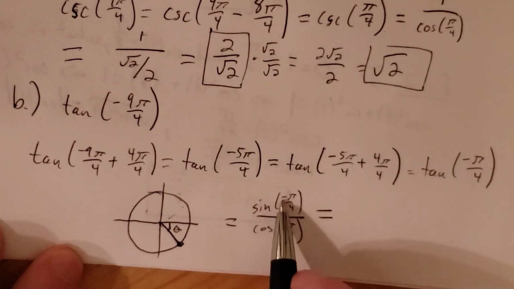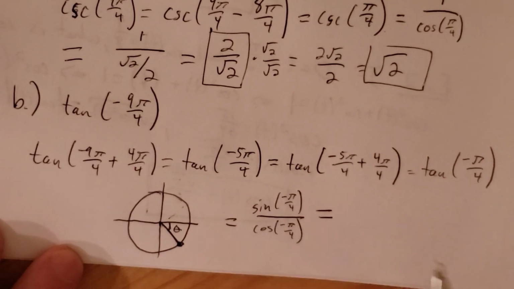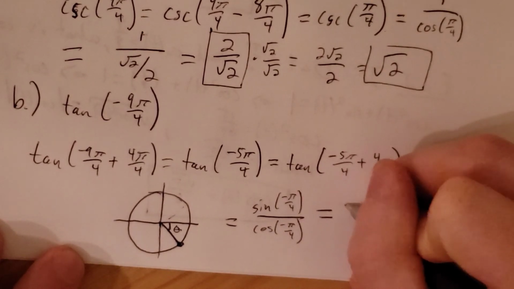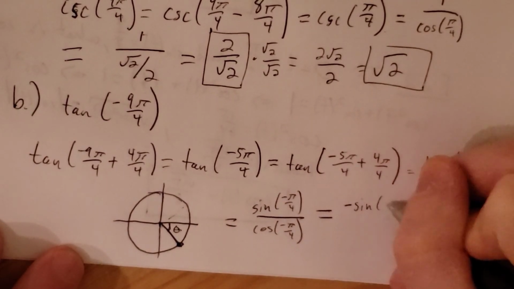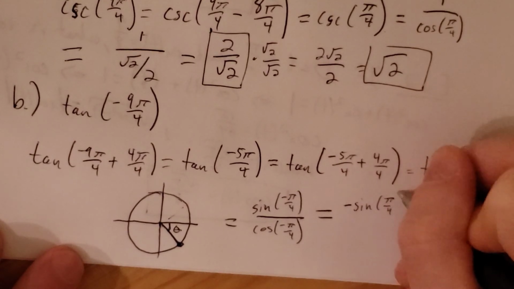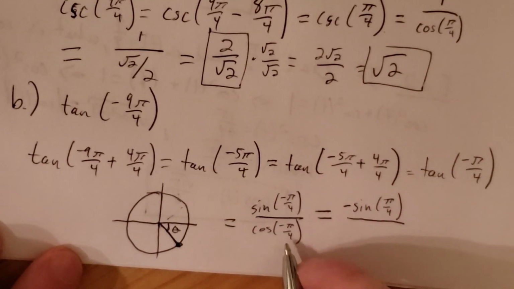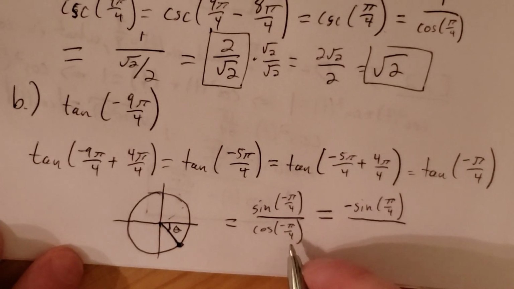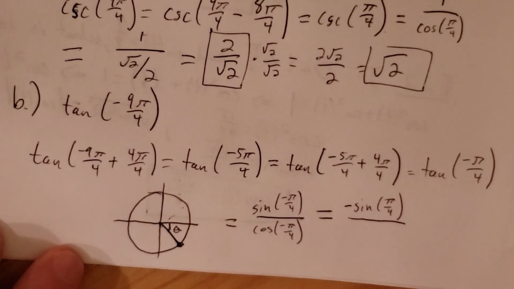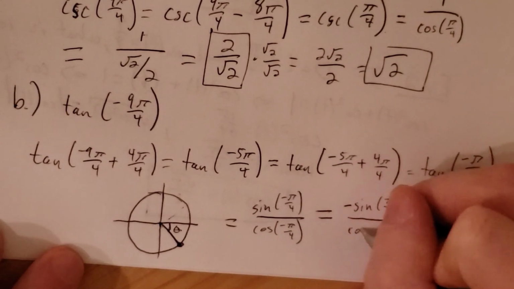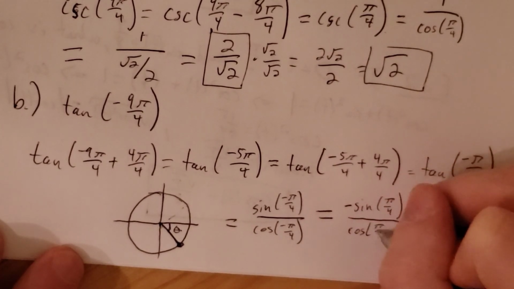Well, sine of negative pi over 4, if you remember from the previous video, is negative sine of positive pi over 4. Cosine of negative theta is the same as cosine of positive theta, so this is just cosine of positive pi over 4.